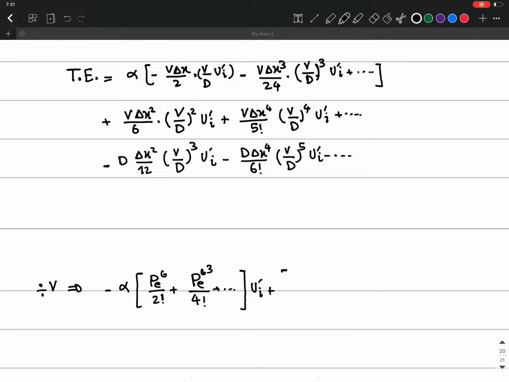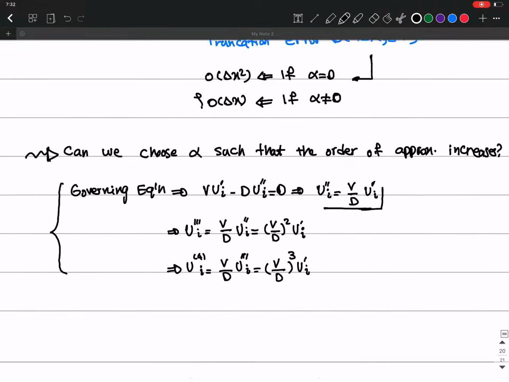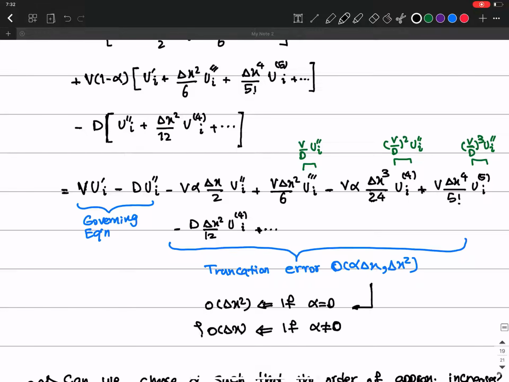This is the first one, and then for the second one I'm going to again factor U prime I. The first one is going to be Péclet grid to the power 2 over, let me just check something here. V delta x, let me check. We had it here.